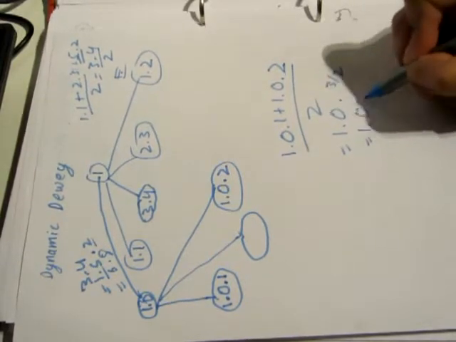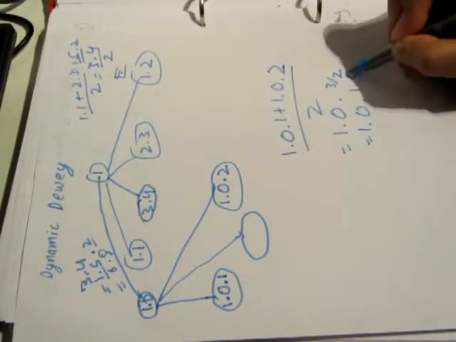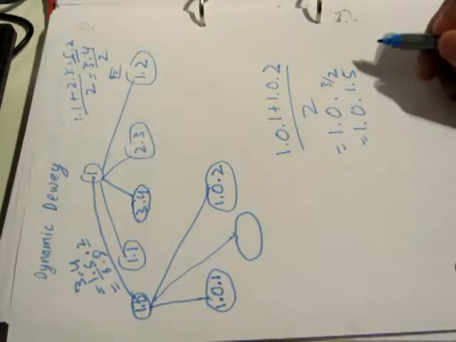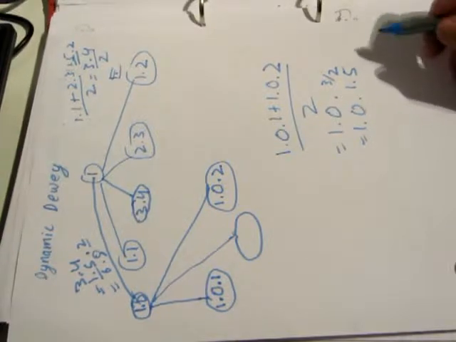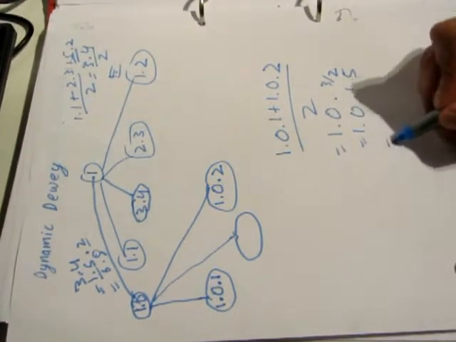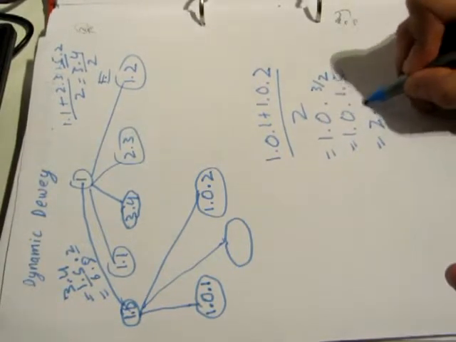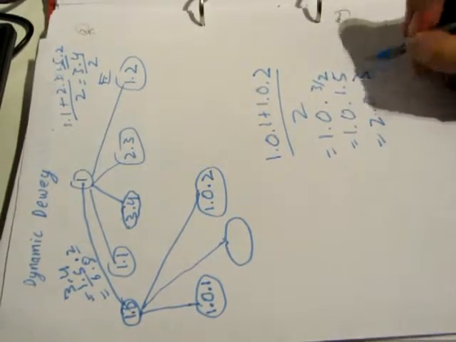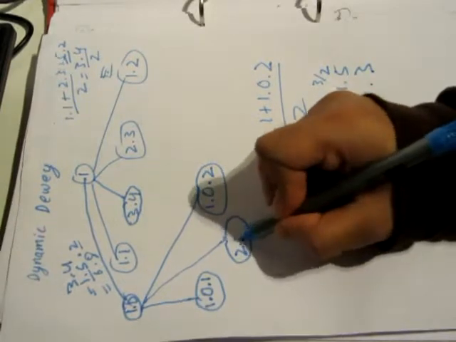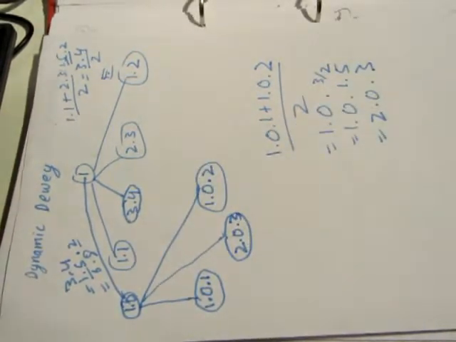So it becomes 1.0.1.5, which is not a good idea. So what we write is we multiply everything by 2, and it becomes 2.0.3. So the number of this node is 2.0.3.